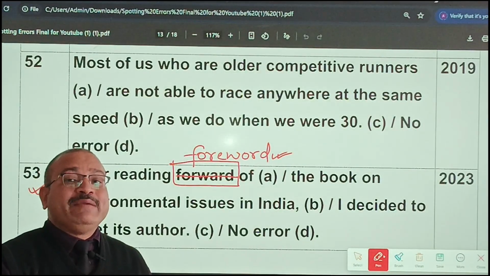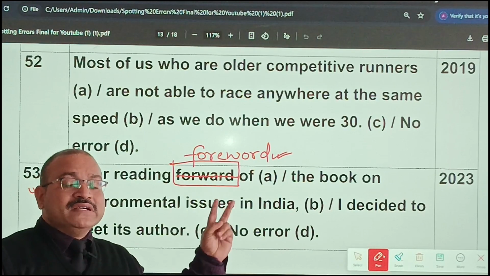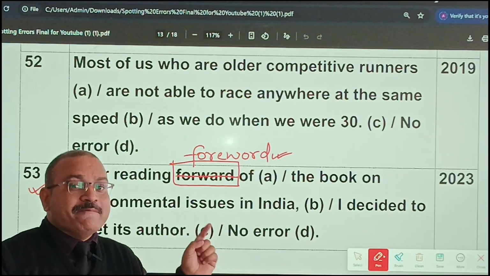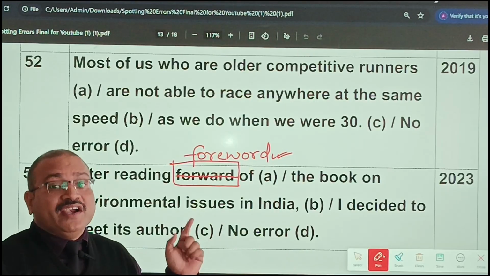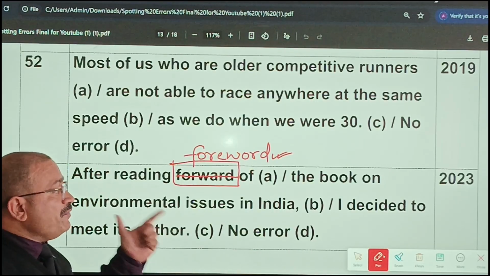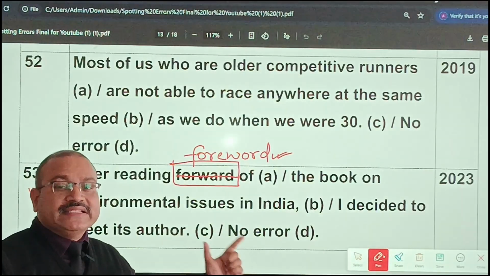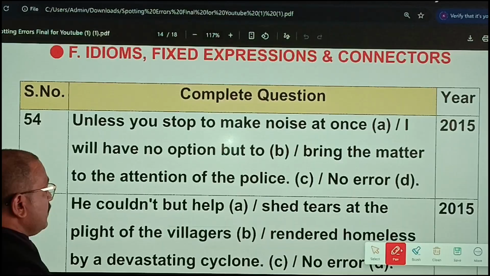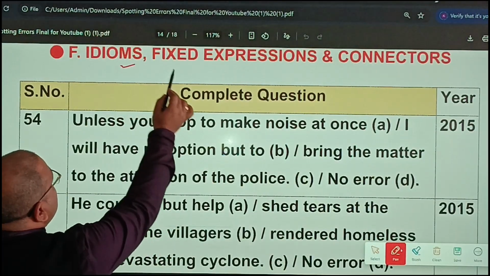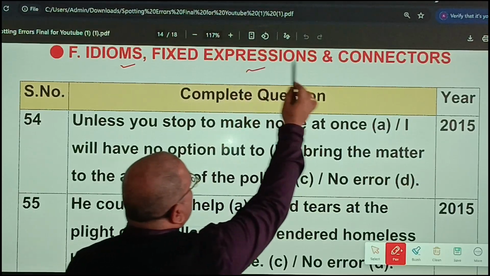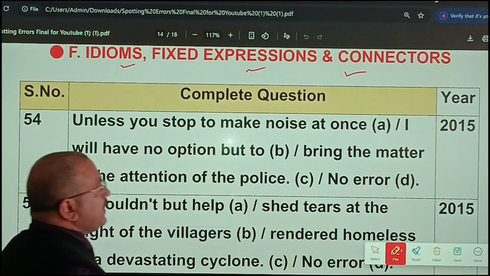So this is a homonym error. Both the words sound the same, but spelling is different, meaning is different. So we have to be very careful while reading the sentence. Now let us see questions asked from the topic idioms, fixed expressions or connectors.